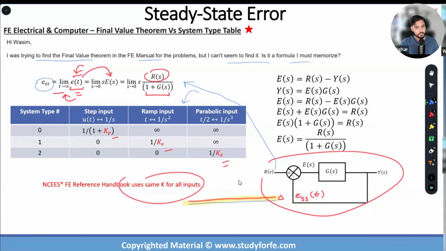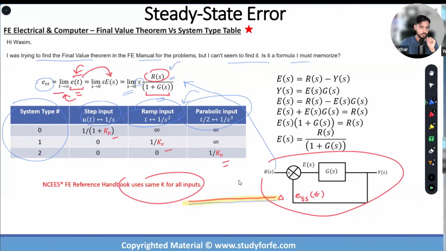Okay? Make sense? So all you're doing is multiplying s with R of s divided by 1 plus G of s, and then setting s to 0. This will work regardless of the system type, regardless of the inputs, and you won't have to do anything extra.